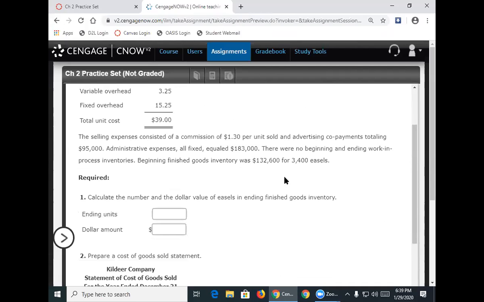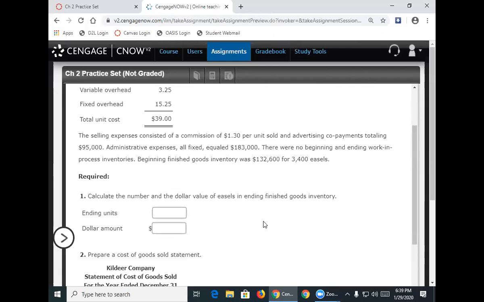So the first thing they want us to do is just calculate the number and the dollar value of easels in the ending finished goods inventory. Well, first we want to calculate the ending units. We'll go ahead and use our little finished goods inventory here. They told us that beginning finished goods inventory was 3,400 units, right? How many units did we make additional in the year? 30,000.